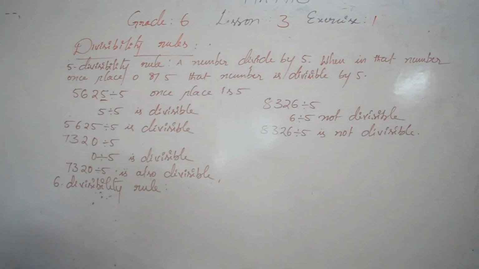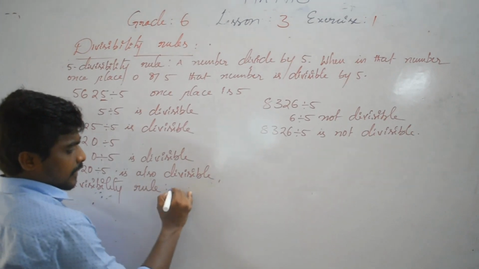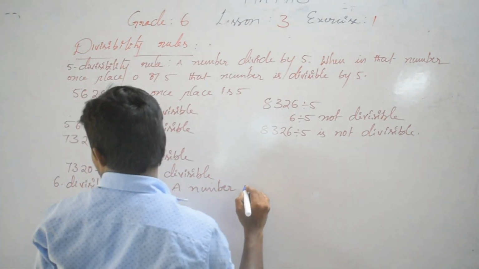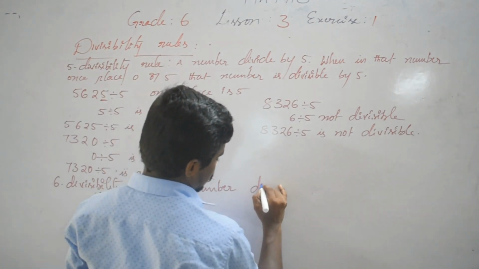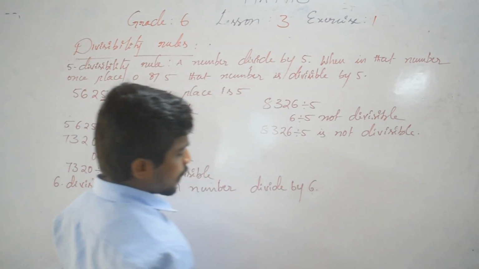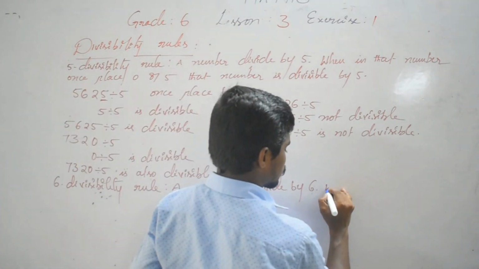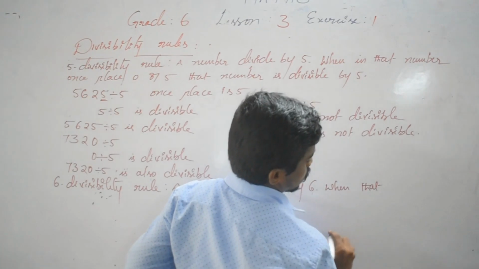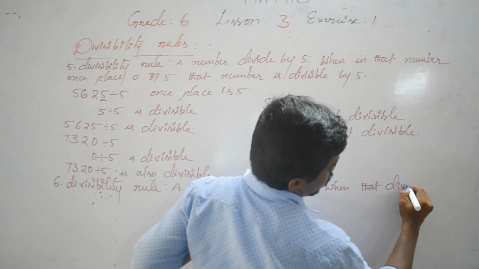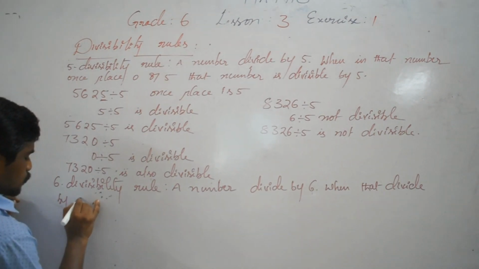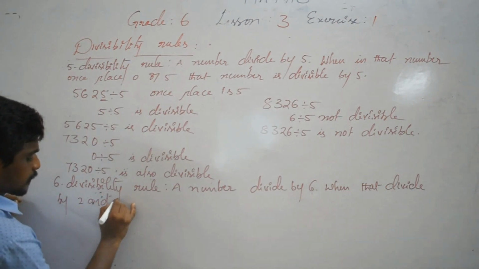What is the 6 divisibility rule? A number is divisible by 6 when that number is divisible by 2 and 3.